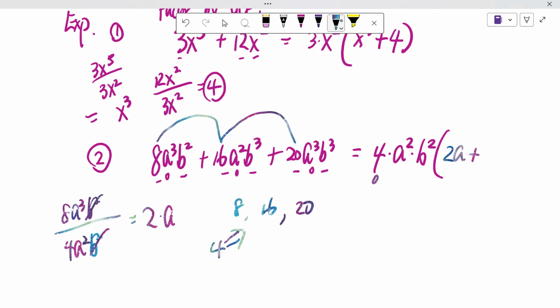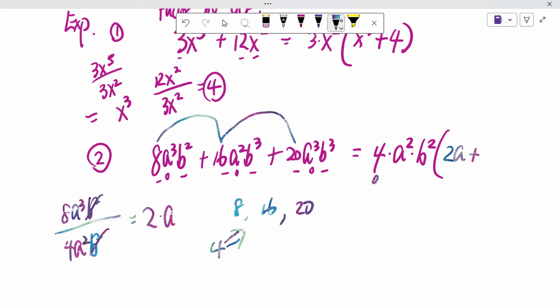That's why we use 4. You can use 2, but that's not complete factoring. Although 2 goes into all of them, we're going to use the largest one possible. In this case, it has to be 4. It cannot be 8, because 8 doesn't go into 20 evenly.